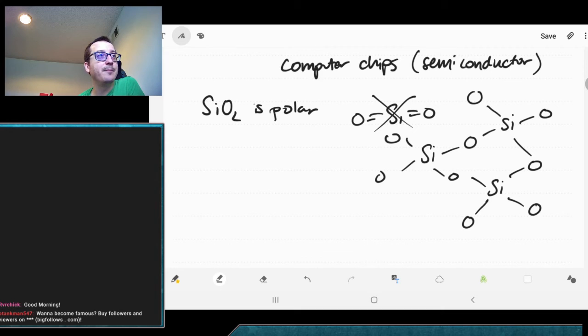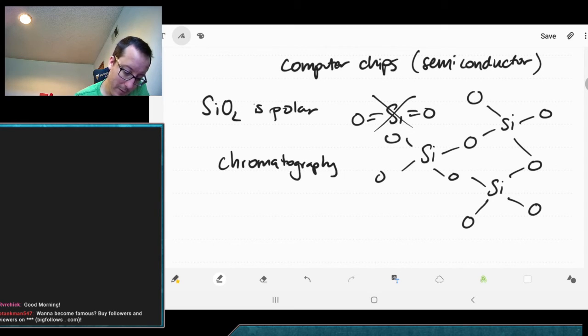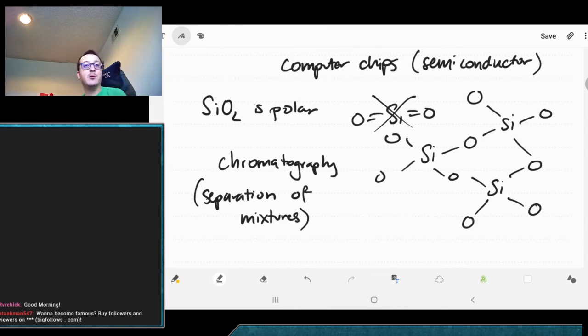And so we can use it to filter things based on their polarity. We're going to see that's a type of chromatography that we'll use in organic chemistry a lot. So it's useful for chromatography, which is separation of molecules, or mixtures rather. So we can separate things from mixtures using silica.